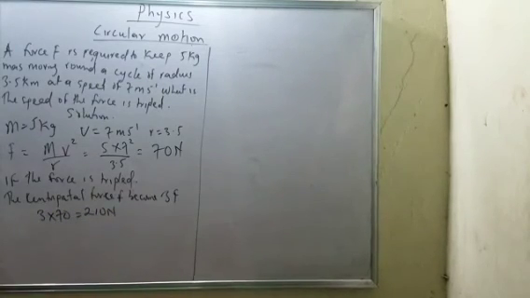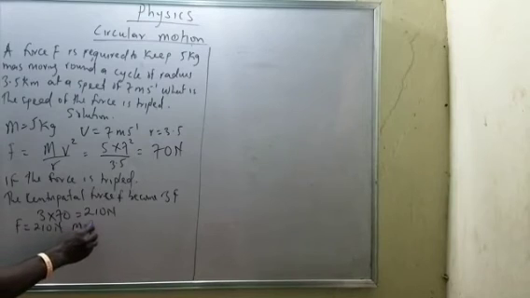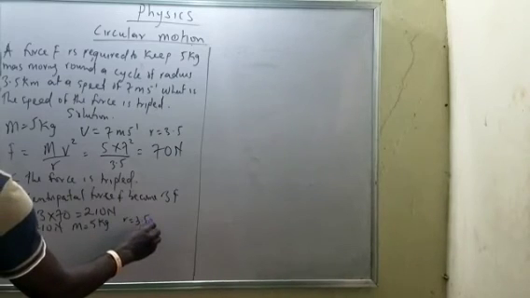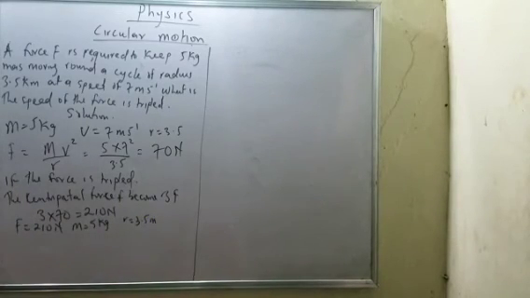Now, my F equals 210 Newton, my mass is 5 kg, and my radius still remains the same, 3.5 meter.